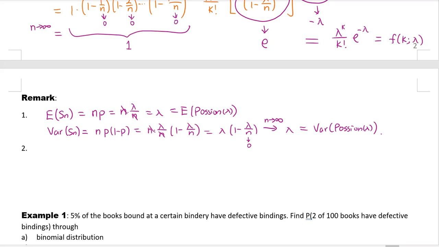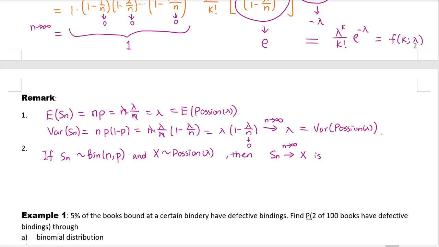Okay? So second remark, if Sn has the binomial distribution and X, let's say X has the Poisson distribution, then we have the binomial distribution converges to the Poisson distribution when n goes to infinity.